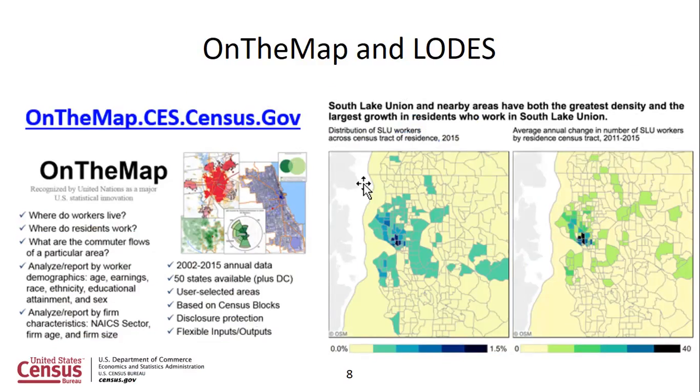We have data from 2002 through 2017 for most of the 50 states, including DC. We can customize the selection area as low as a census block with disclosure protection. Input-output reports are available, which means you can import and export shapefiles and download and print reports. On the right are maps made by Zillow using Zillow data and LODES.